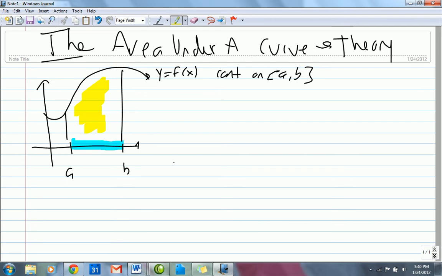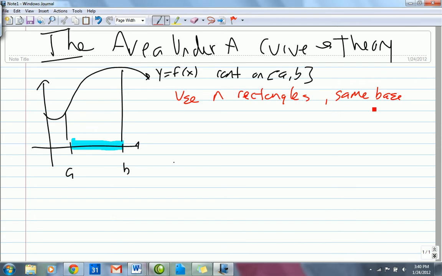So that said, here's the process we've been using thus far. We're going to use n rectangles. We're just generalizing what we've been doing for the last day or so. And here's the thing, they're going to have the same base. So we're going to cut the interval from a to b up into n subintervals, which will actually be the bases of those rectangles, n partitions.